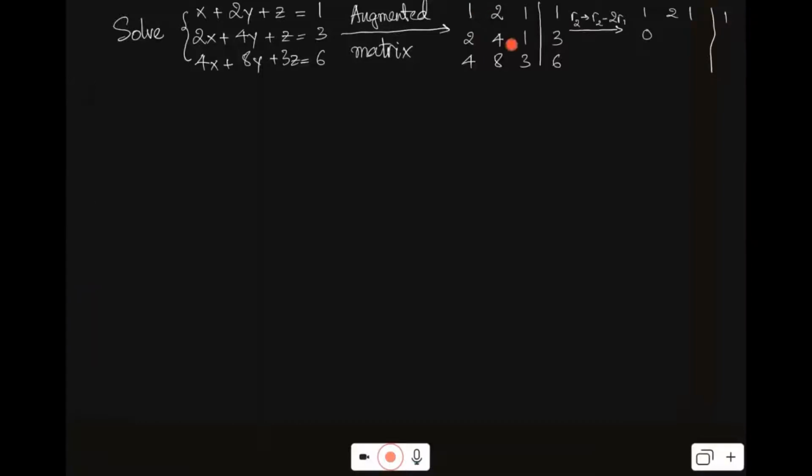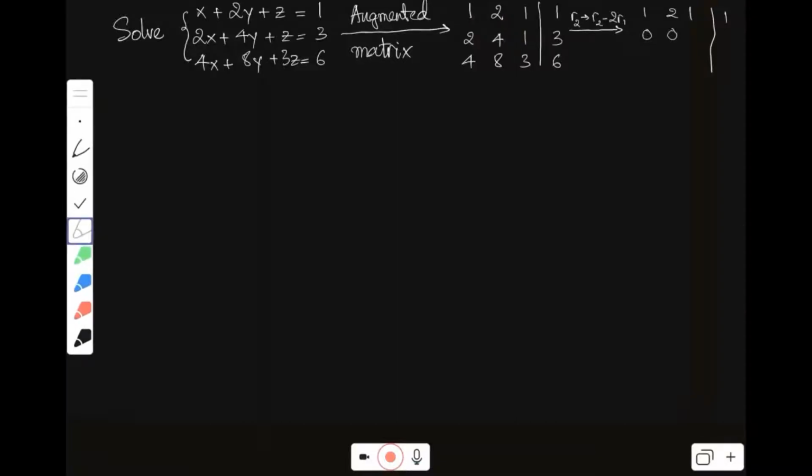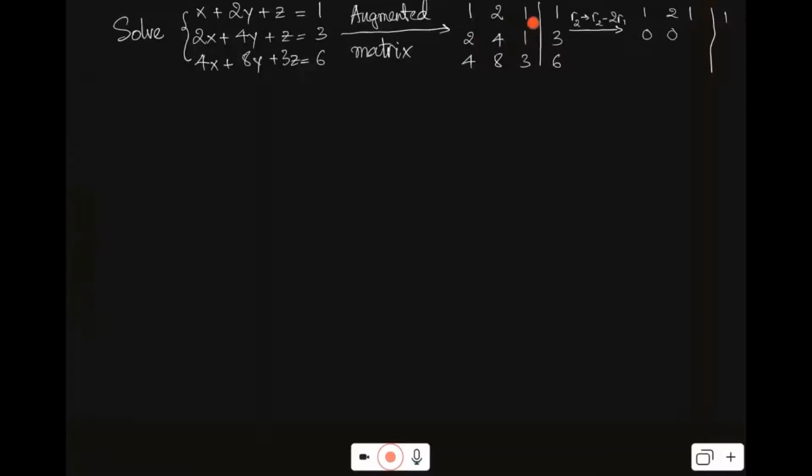And then 4 minus 2 times 2, that is 0 as well. And then 1 minus 2 times 1, that is going to be -1. 3 minus 2 times 1, that is going to give you 1.